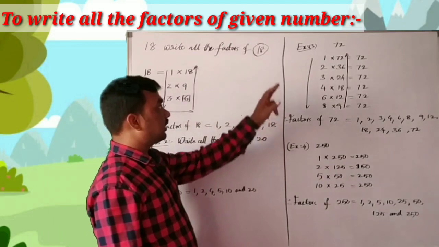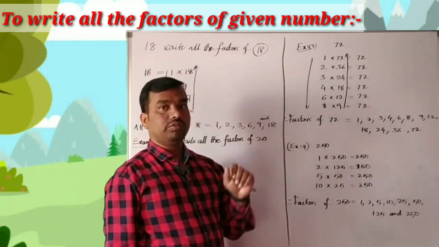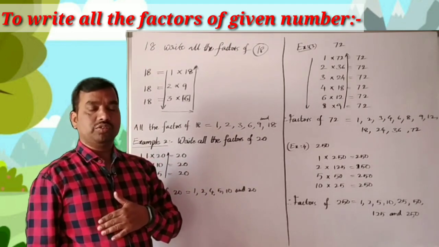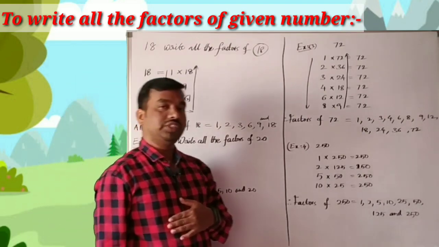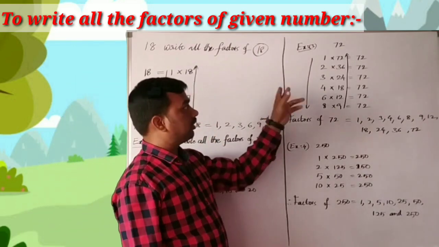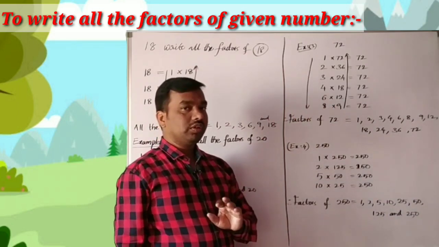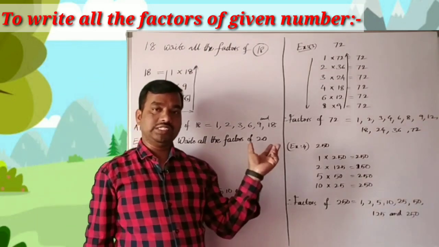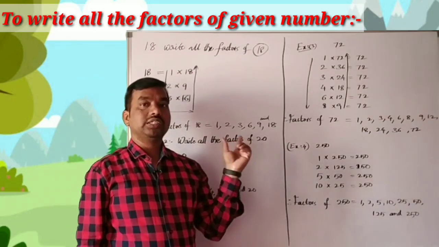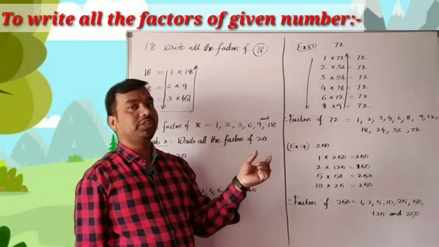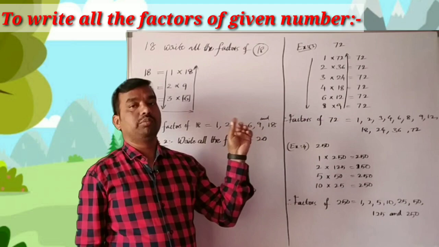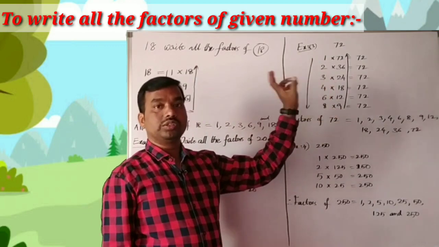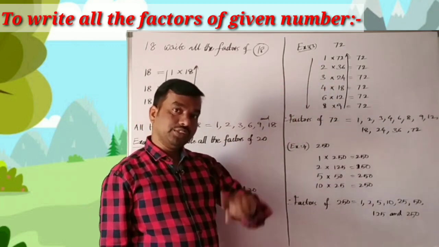Next example 3. 72. Oh sir, 72 is a big number. Don't get confused, children. You take first 1 72s are 72, and in the second table can you get 72? In this situation we should apply divisibility rules. What is the divisibility rule of 2? The number should be even. Here the last digit is 2, so 72 is divisible by 2.